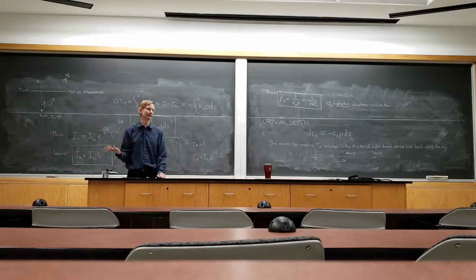So more like 10% of the photons, whatever e squared is, 2.7 something squared. If the optical depth is 3, e to the minus 3 of the photons are reaching us. So it's an exponential relationship here. It's decay.